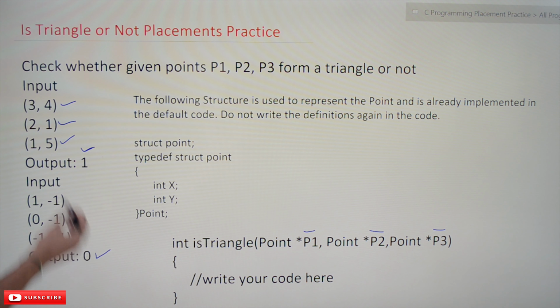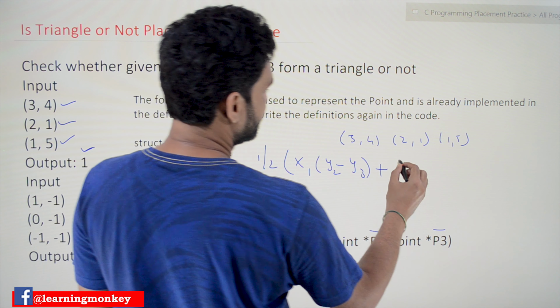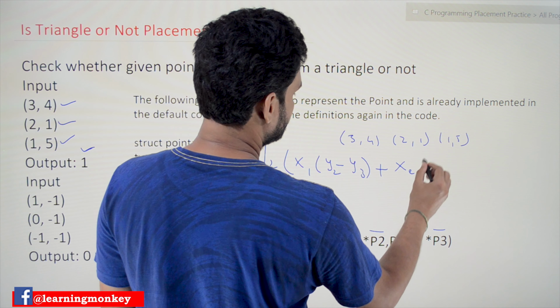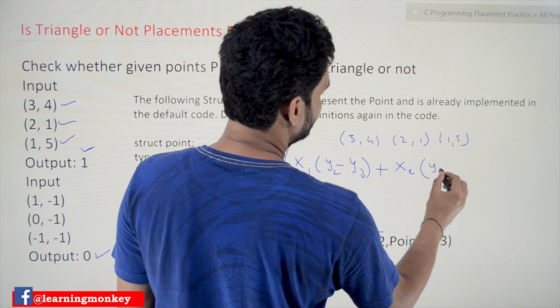I hope you remember that formula. It is half into x1 into (y2 minus y3) plus x2 into (y3 minus y1) plus x3 into (y1 minus y2).